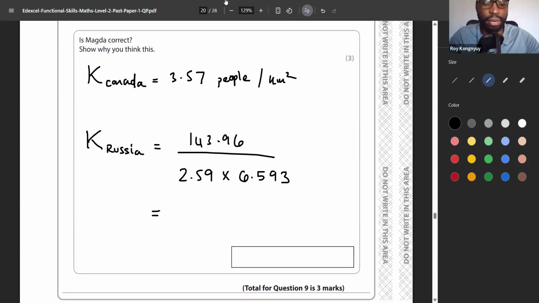So let's have a look. Here we go. We want to do 143.96 divided by 2.59 times 6.593.